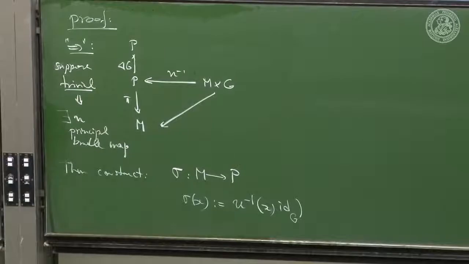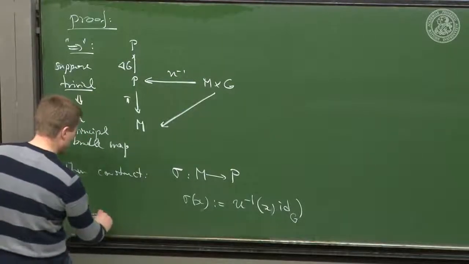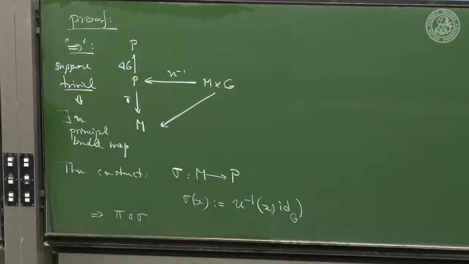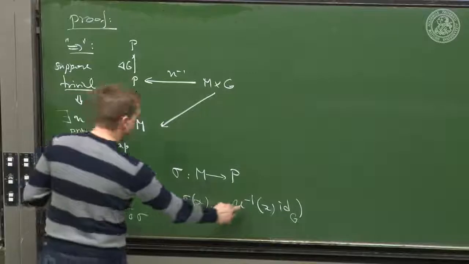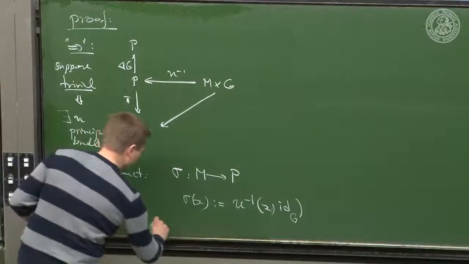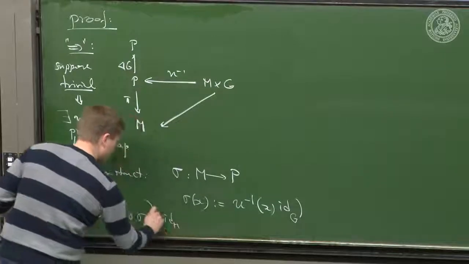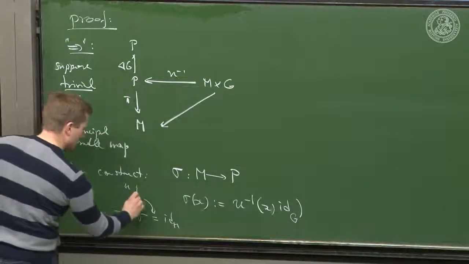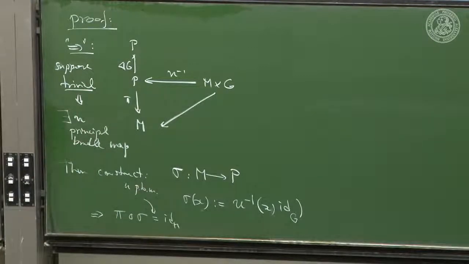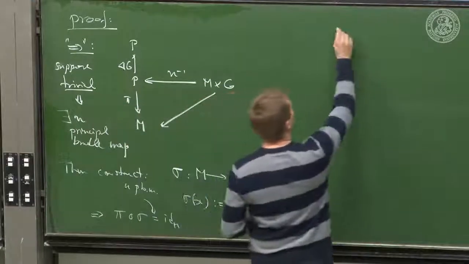And that's it. And this is a section, because if you now apply pi after sigma, by virtue of U being a principal bundle map, it will give you the identity on M. And that's this direction of the proof.